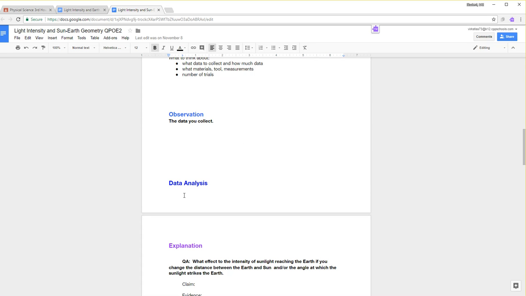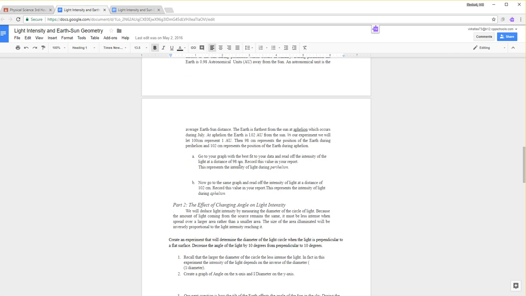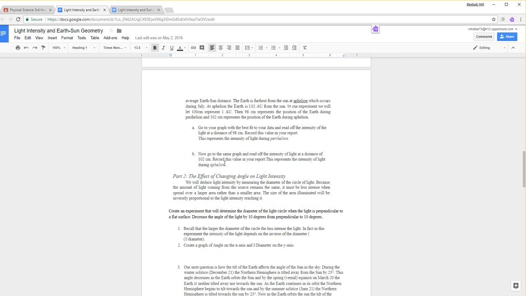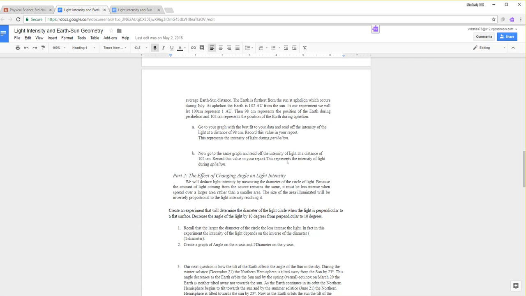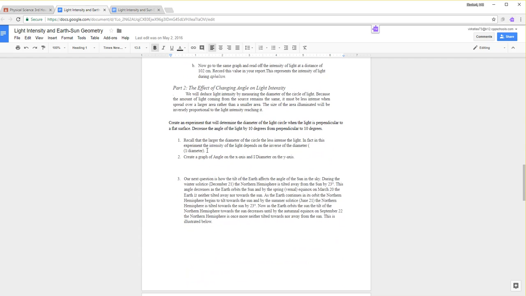The data analysis. This is where you have the two graphs and the questions. So for part one, you had this graph that you created, and then you're going to answer this question, and you're going to answer B for part one. Below the second graph, you need to answer question one. Excuse me, you already did that one.